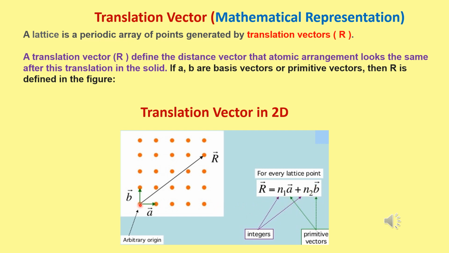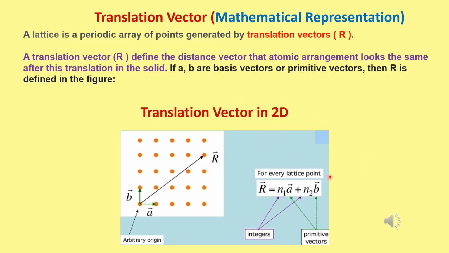Suppose we want to go from this point to this point, then we add 4a plus 3b. So in this image it is 3a plus 4b. This will translate this point to here, which has the same environment as this point. So this is known as the translation vector.